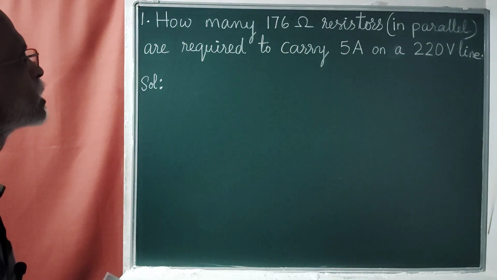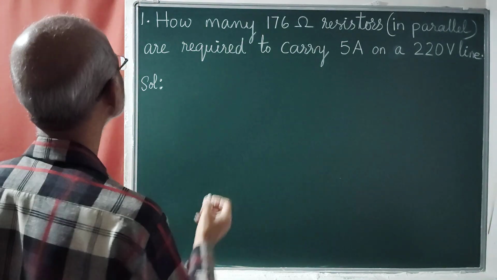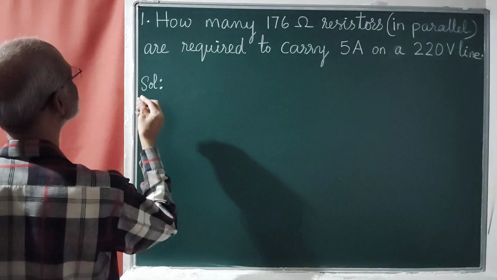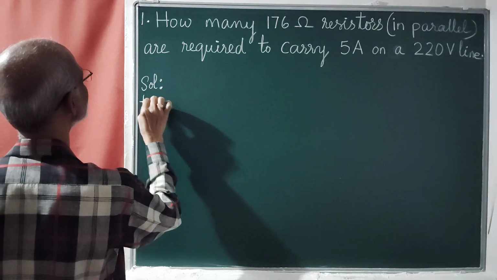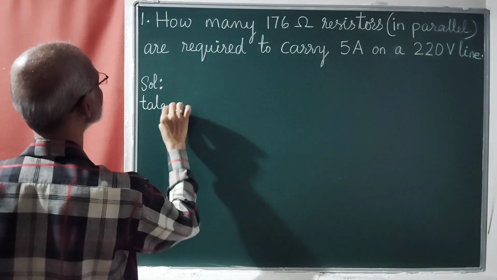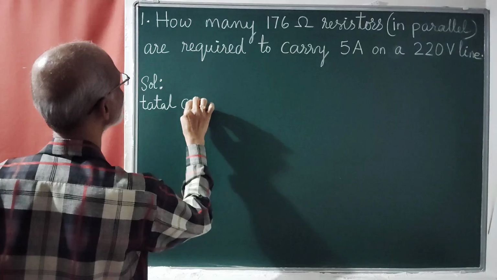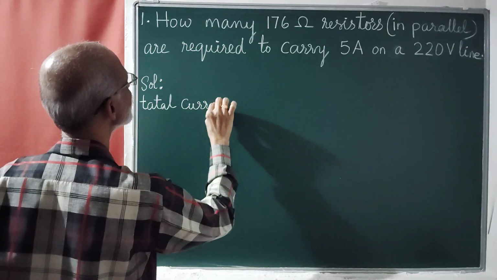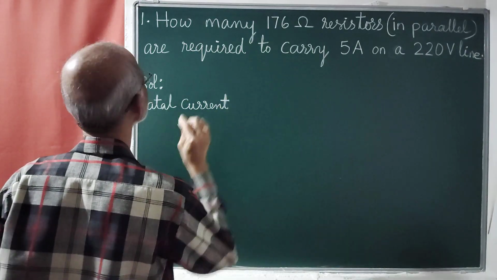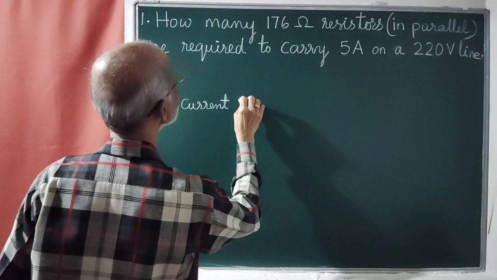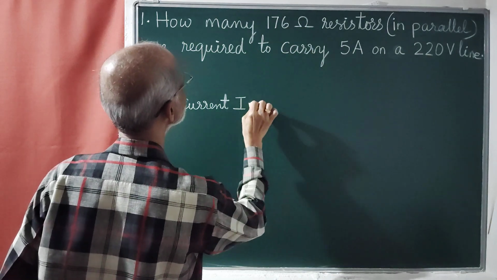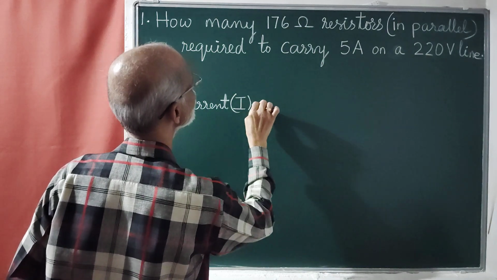So here the total current that has to flow, the total current I, is equal to 5 amps.